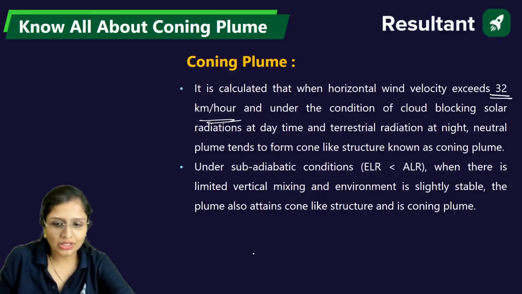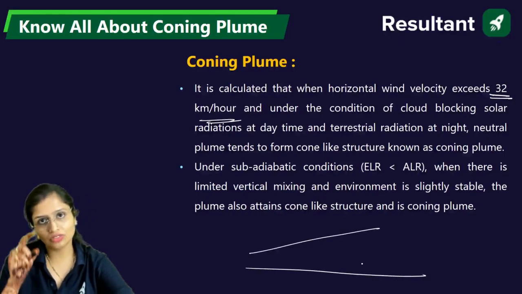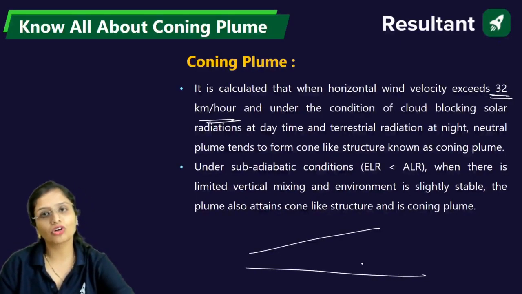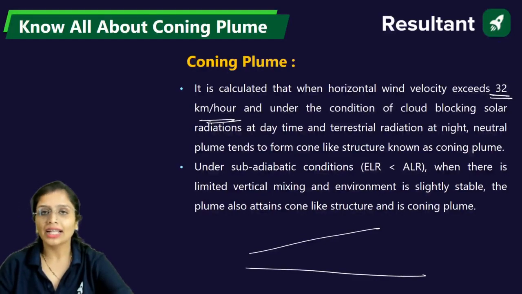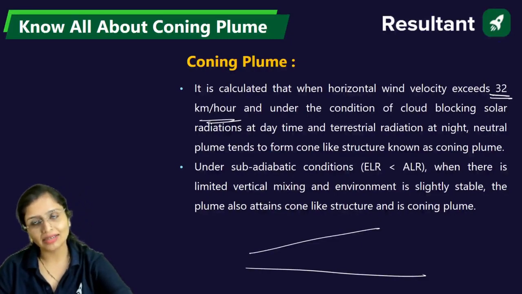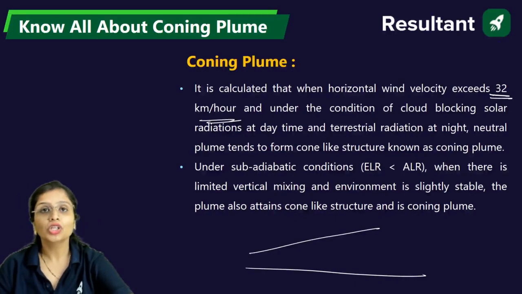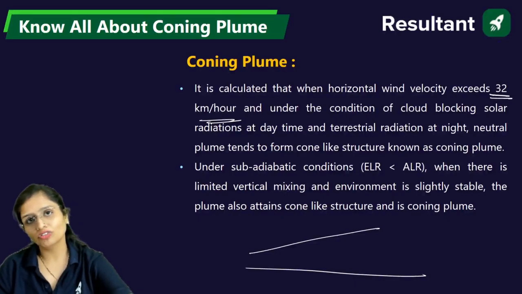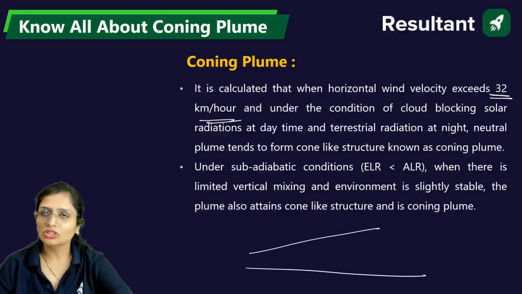As you know, it attains a cone-like structure, which I have shown you practically, so it is called a Coning Plume, and this will take place when ELR is less than ALR. When the environmental lapse rate is less than the adiabatic lapse rate, you get stable environmental conditions. Mixing of the pollutants will not be there, so we classify this as a stable condition.